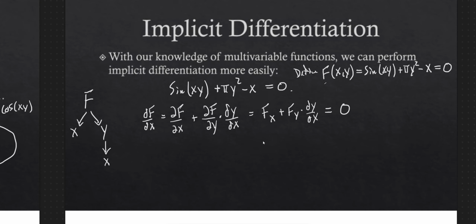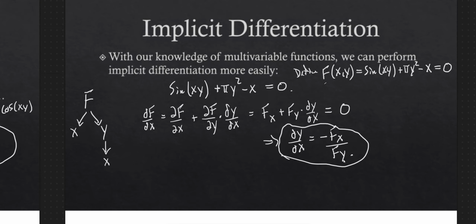And I can solve now for dy dx. So dy dx is minus fx over fy. So isn't that cool? Here's a formula now for the derivative of y with respect to x in terms of the partial derivatives of f with respect to x and y.